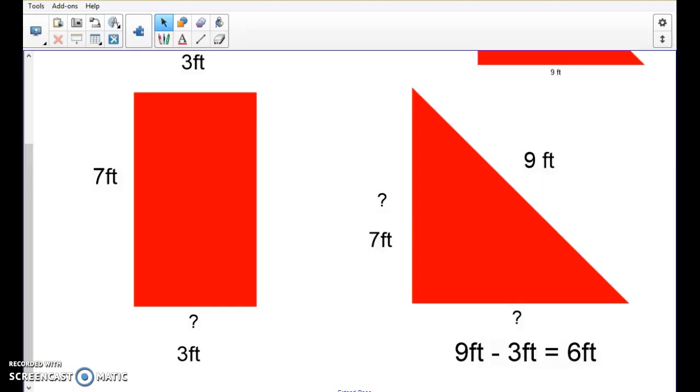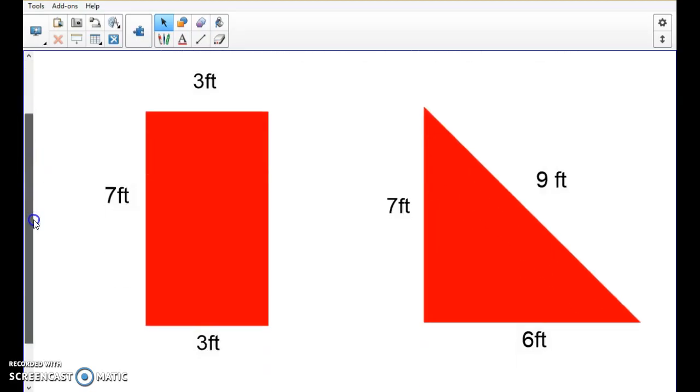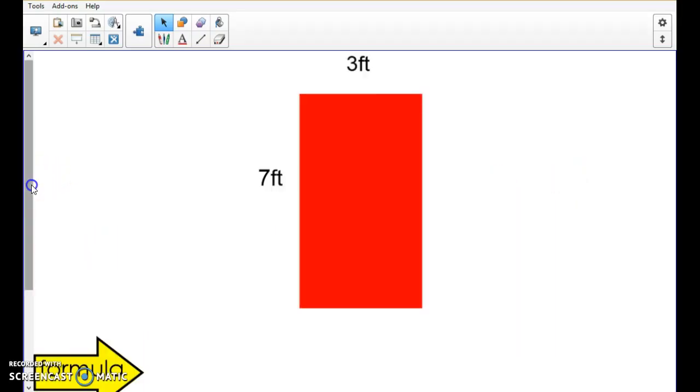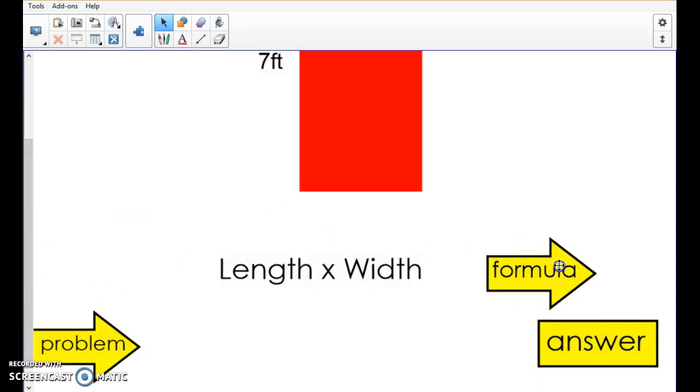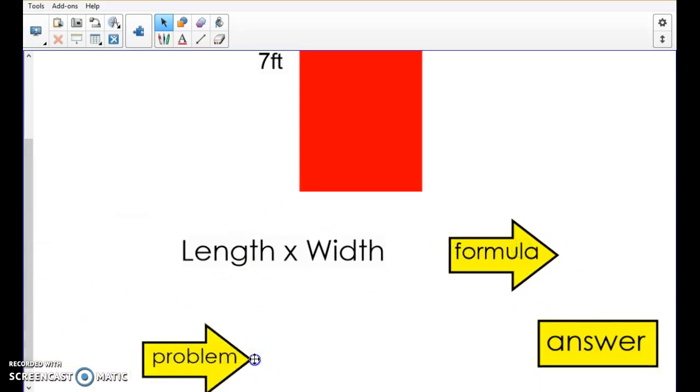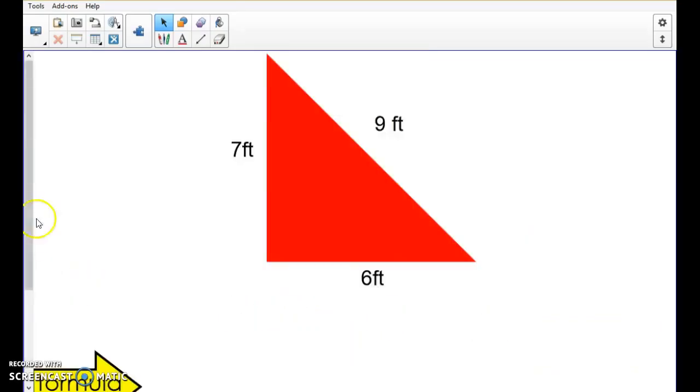So now that I have all my measurements down, I'm just going to break it down between my two shapes. So here are my two shapes now, a 7 by 3 rectangle and a 6, 7, 9 triangle. To find my 7 by 3 rectangle, remember my formula is length times width. My problem is going to end up being 7 times 3, which makes my answer 21 feet squared.